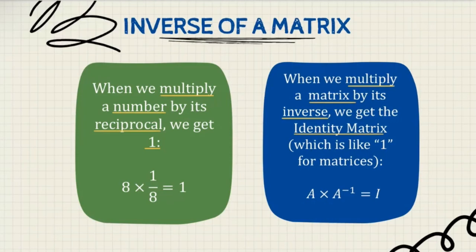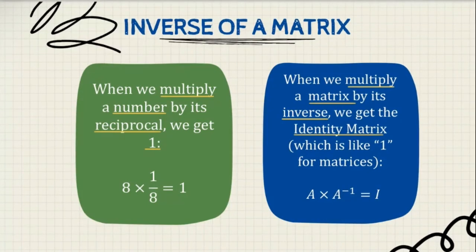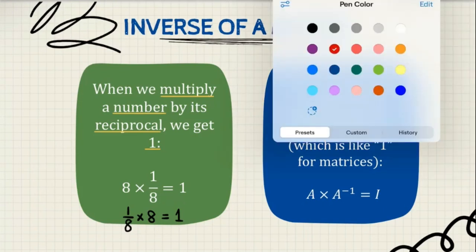Okay, so kat sini saya bagikan contoh. So whenever A, we multiply by A inverse, kita akan dapat I. Okay, so if I multiply 1 over 8, multiply by its reciprocal, reciprocal 1 over 8 adalah 8. So kat sini still kita akan dapat 1. Betul? Sama juga kalau kita multiply A inverse, okay.